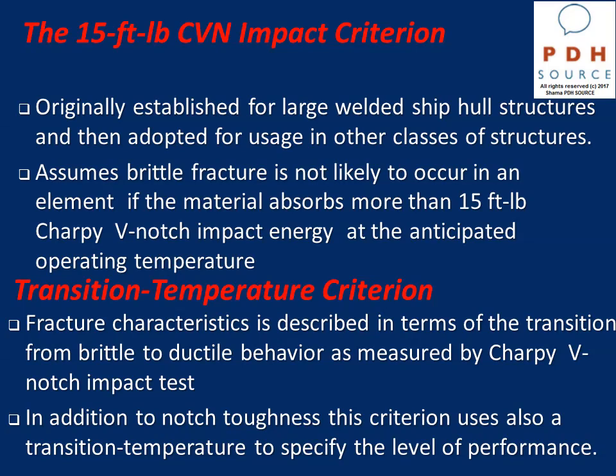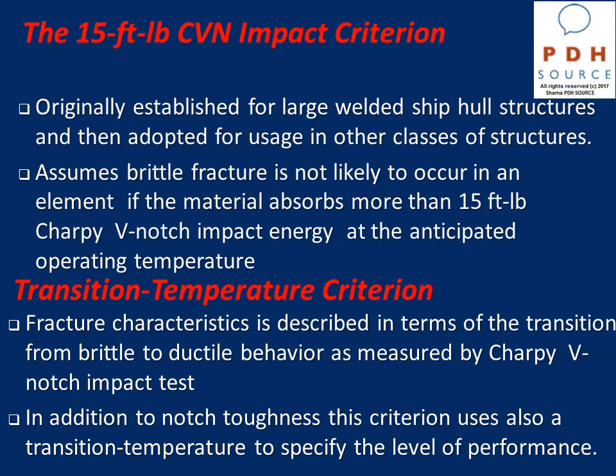The most used fracture criterion is the 15 foot-pound CVN impact criterion. It was even established before the ASTM standards for fracture toughness were established, actually. And it was originally established for large welded ship hull structures, and later it was adopted for other applications.